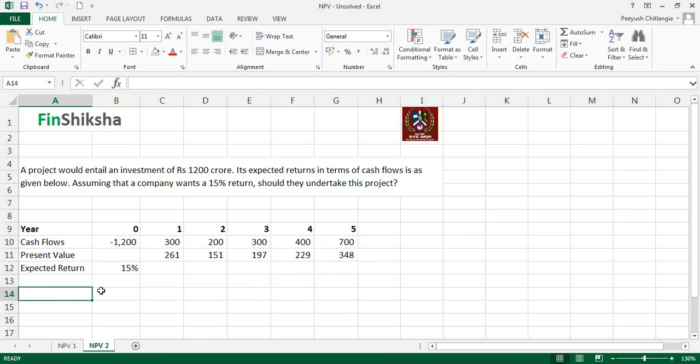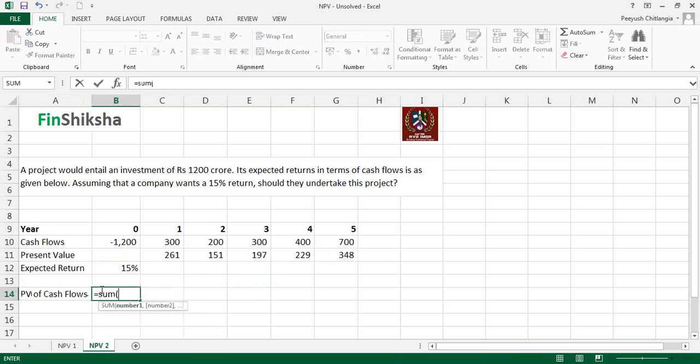And what is the present value of cash flows? That's equal to the sum of these 5, right? We find that the present value is 1186, which means if your expected rate of return is 15%, you should ideally be paying 1186 for this, but what we are paying here is 1200. So that doesn't make sense. You shouldn't be paying this much.